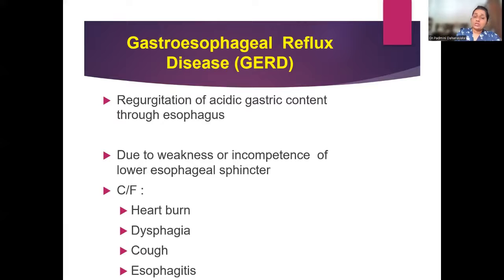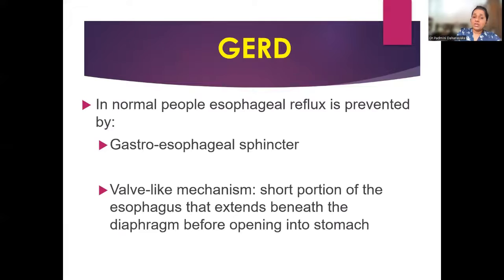Dysphagia, okay. Chronically, if gastroesophageal reflux disease is there, you are exposing your esophagus to acidic contents. Isn't that so? Then, of course, you have strictures, cough, esophagitis because of inflammation, okay? And in normal people, esophageal reflux is prevented by, the major one, the gastroesophageal or the lower esophageal sphincter, as well as another valve-like mechanism.